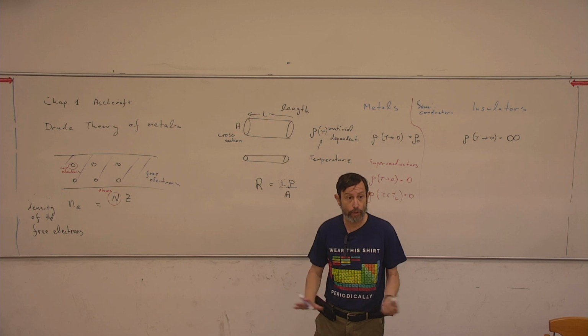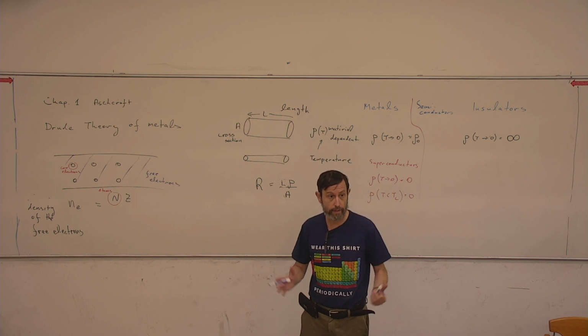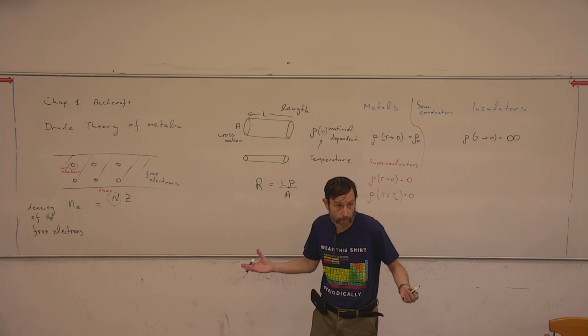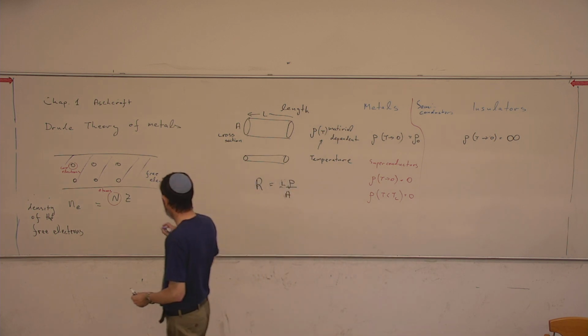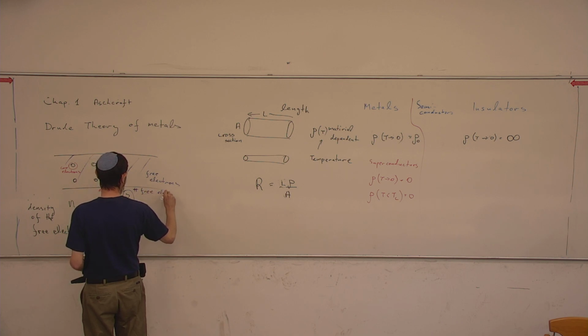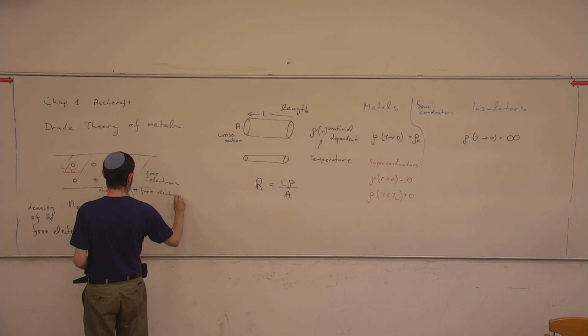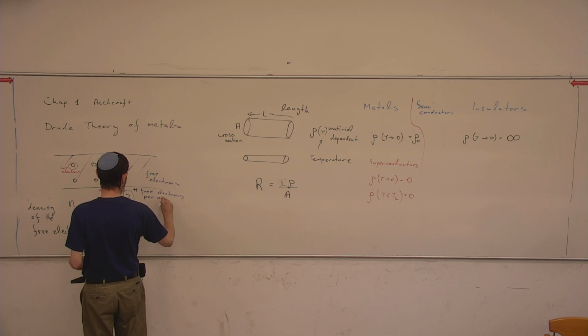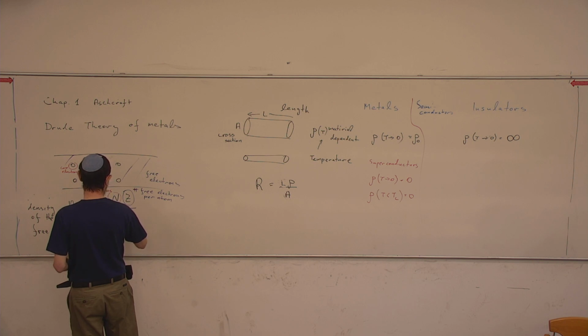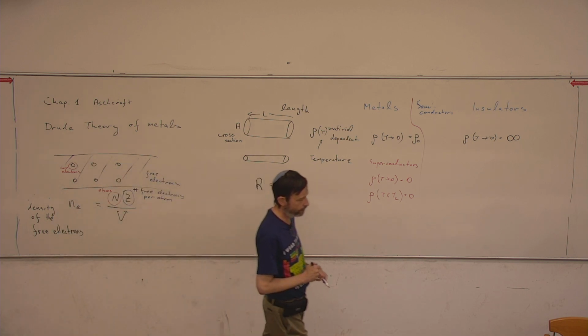At that time he had no idea what this number Z is, how it is connected to a specific atom, and so on. Just plugs in a parameter. Number, divided by the volume.